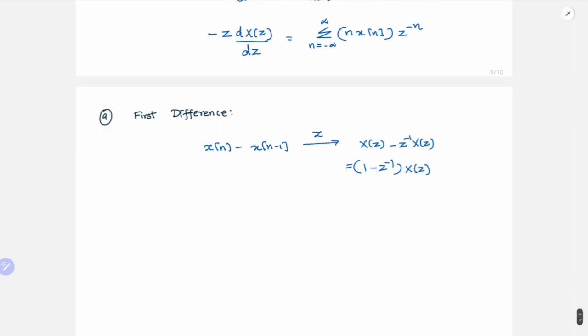Notice that if you take this as the product of two individual Z transforms, then mod z cannot be equal to 0 because z inverse tends to infinity.